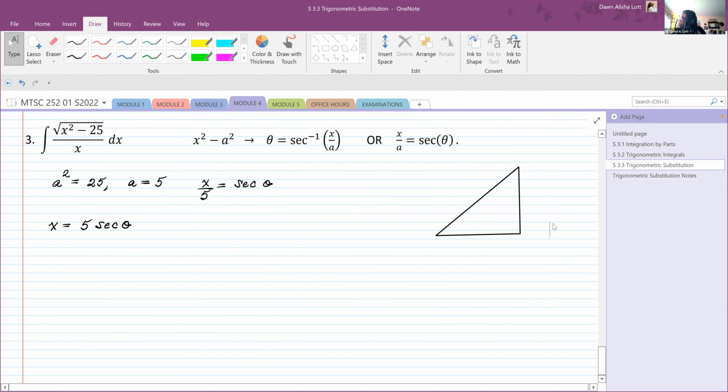All right, so here's theta. And it says the secant is x over 5. So the secant is 1 over cosine, so that's x over 5, which makes this side over here the square root of x squared minus 25.